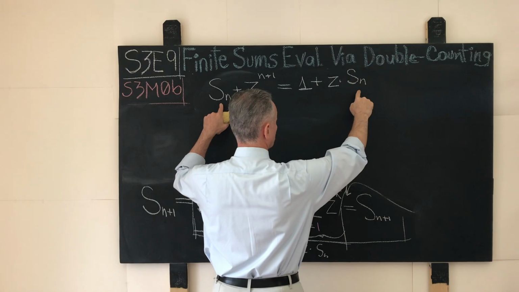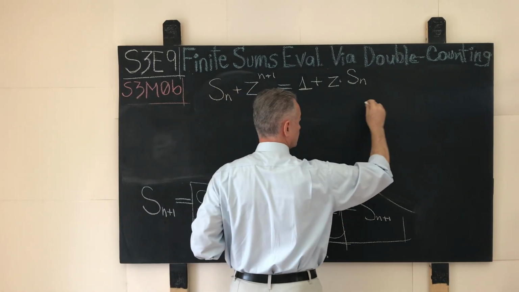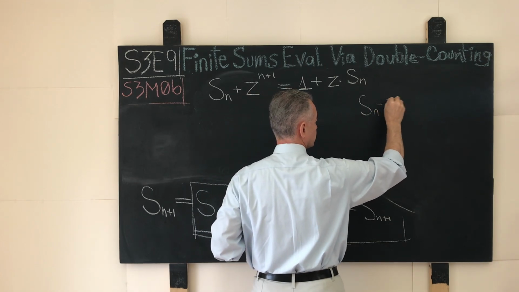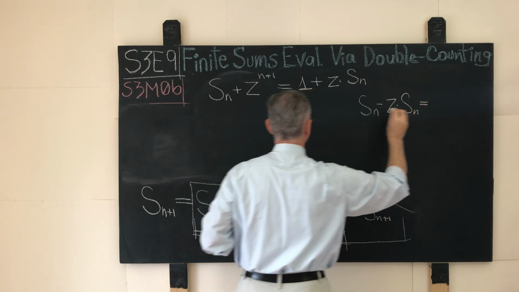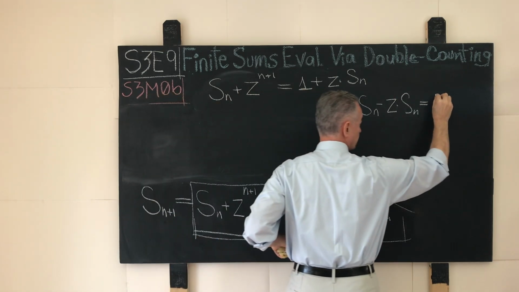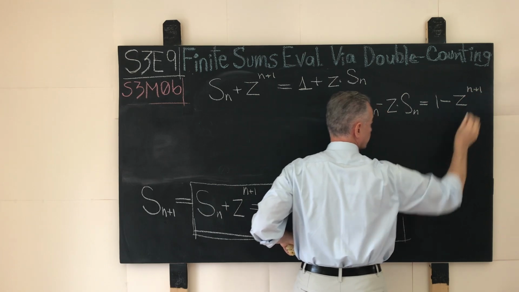So what do we do? We collect all the unknown terms on one side of the equal sign. Let's do it over here. So we write down Sn minus z times Sn equal to, and we move all the material that is known, or given to us, to the other side of the equal sign: 1 minus z to the power of n plus 1.